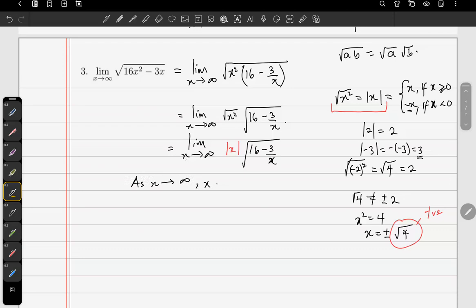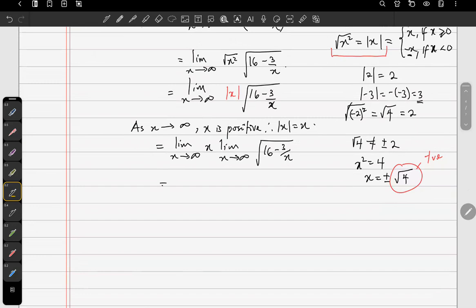So x is a positive number, which means the absolute value of x is going to be x. So I can write this as the limit as x goes to infinity of x, times the limit as x goes to infinity of the square root of 16 minus 3 over x.